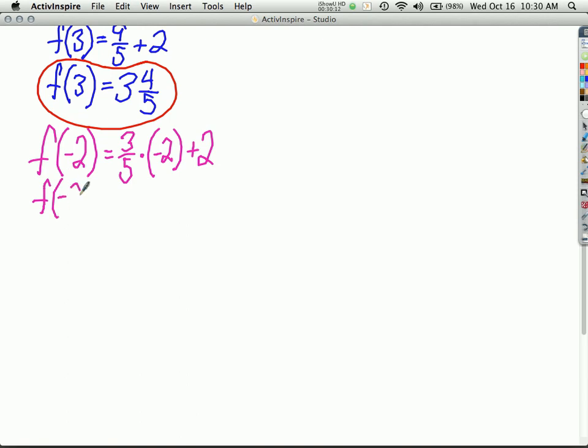F of negative 2 equals, so this time we'll get what for that multiplication right there? Hezekiah? Yeah, negative 6/5 plus 2. So what do we get this time? Brian? 4/5. We get f of negative 2 equals 4/5. And that was the second value we were asked to find.